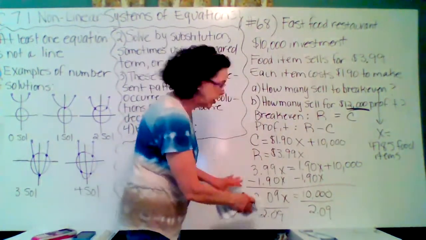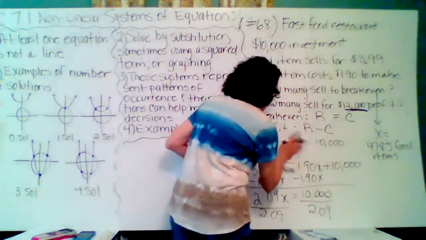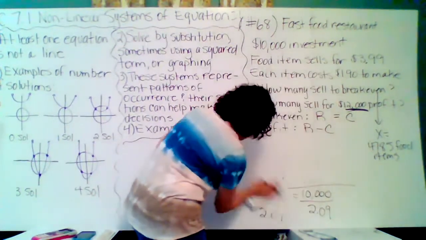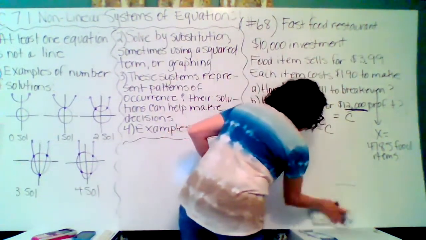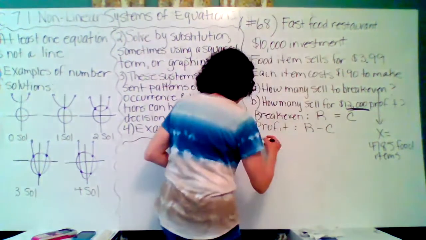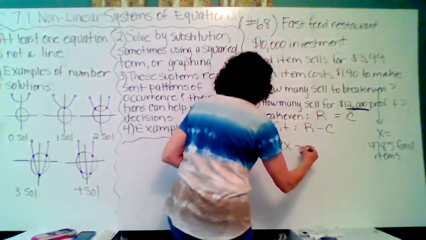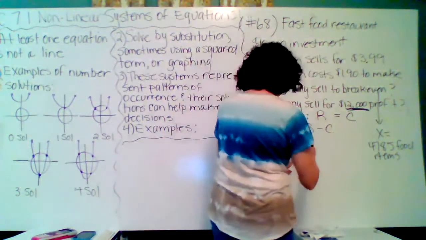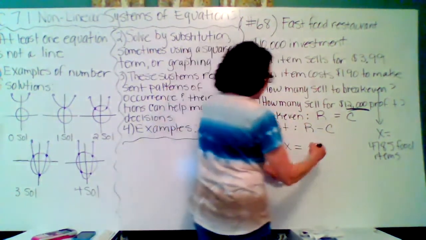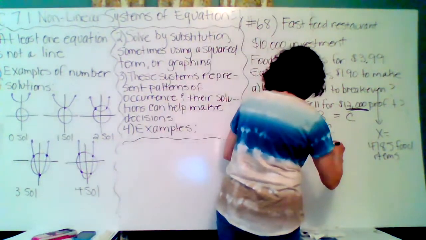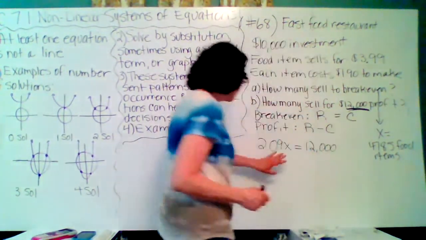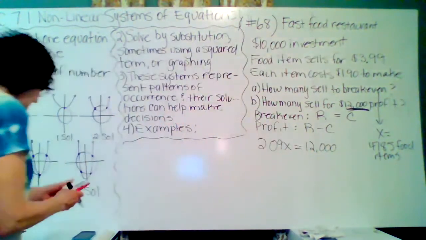So I'm going to erase here. Not really worried about cost right now. I'm just trying to make a profit. So I make $2.09 per item, and I want that to equal the $12,000 profit.